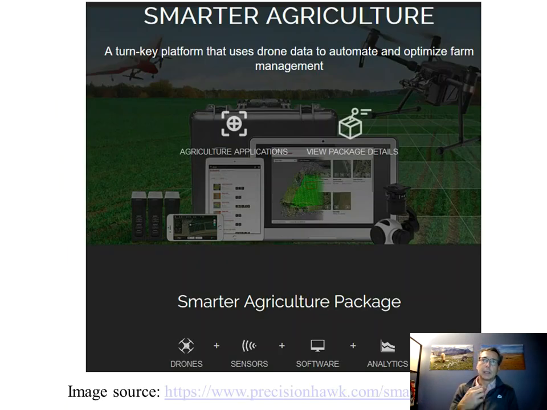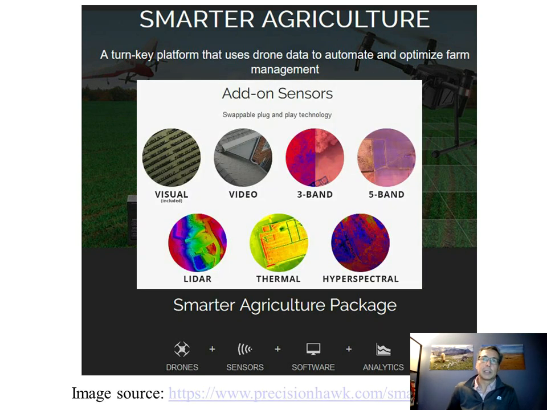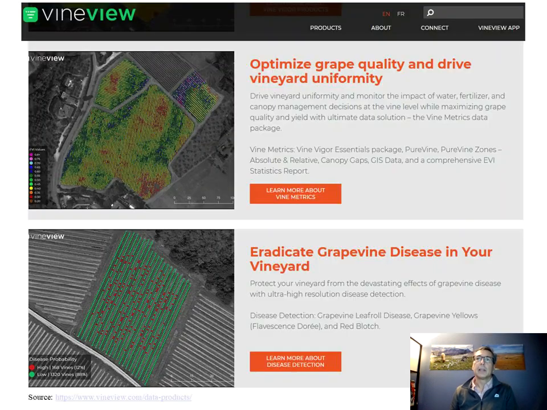A lot of companies are now moving towards, aside from using yield monitors, they're also using drone technologies coupled with sensors and software and analytical systems to collect data, so different data like we've talked about previously, and using that to identify what's going on in the field in terms of your crop growth.